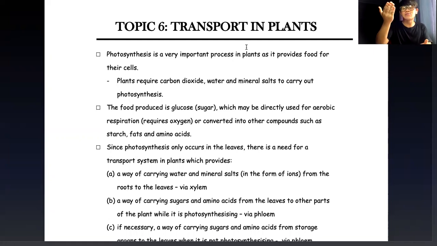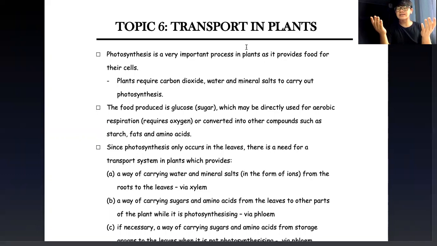And the same case will happen once the plant has finished photosynthesizing. They are making all this food, but it is not just going to be stored in the leaves. It's going to be brought down to every other part of the plant as well, including the roots. For example, your tapioca.